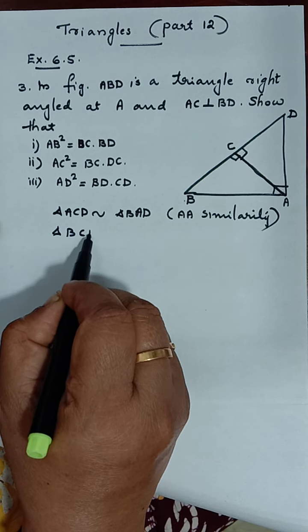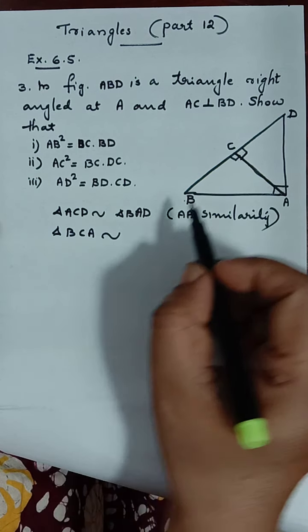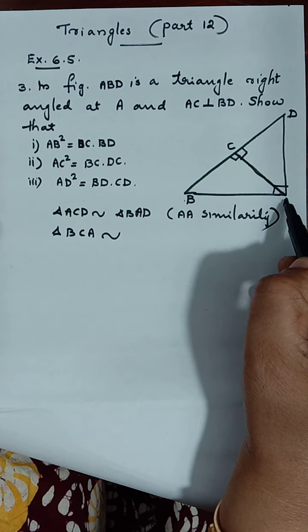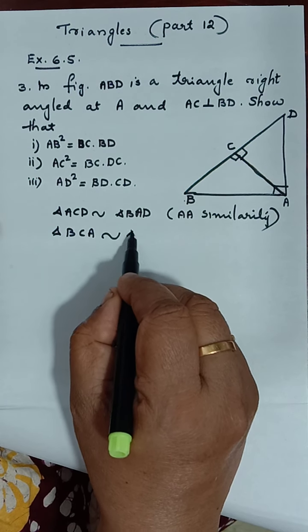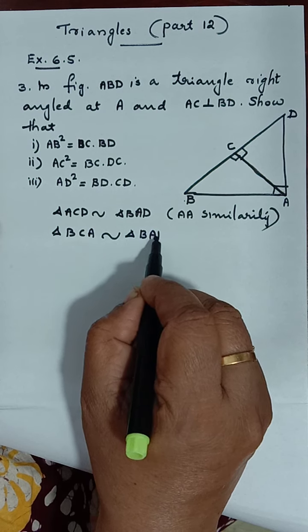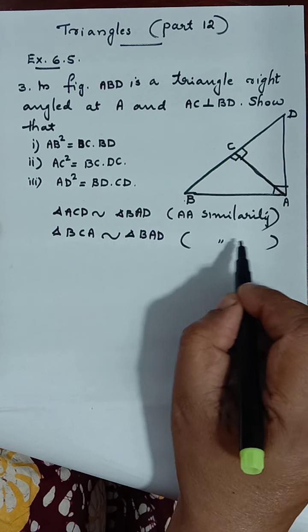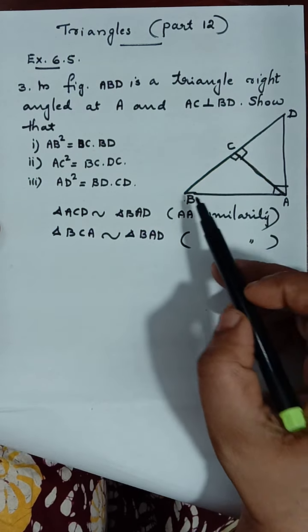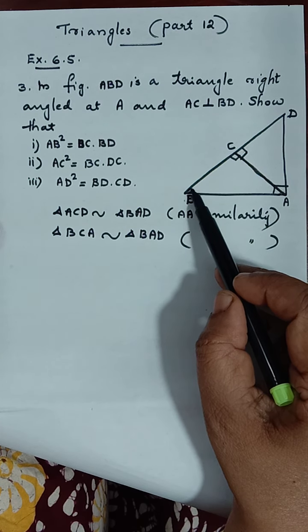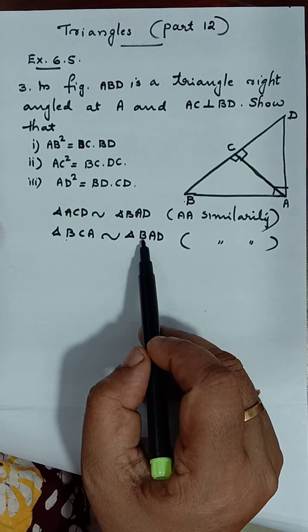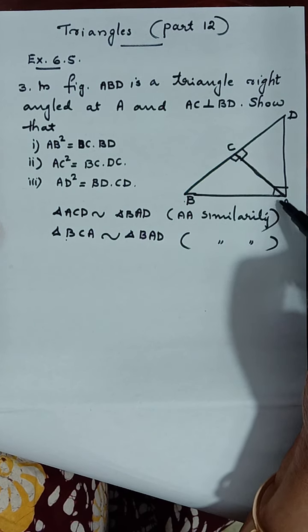All the three similarities we will write now. Triangle BCA is similar to triangle BAD, we can say. This is also by AA similarity criterion. Angle BCA is 90 and angle B is common in both cases. Angle BAD is also 90.